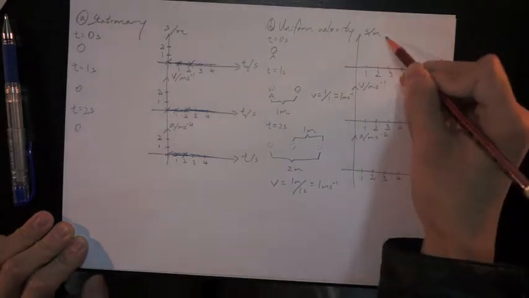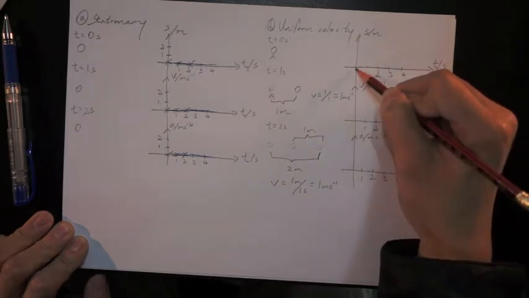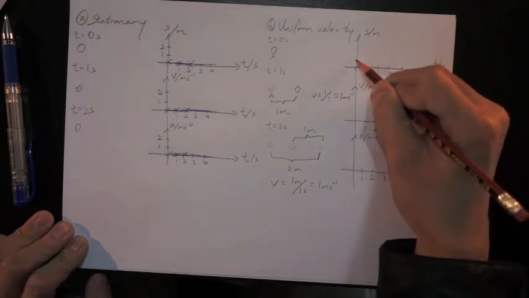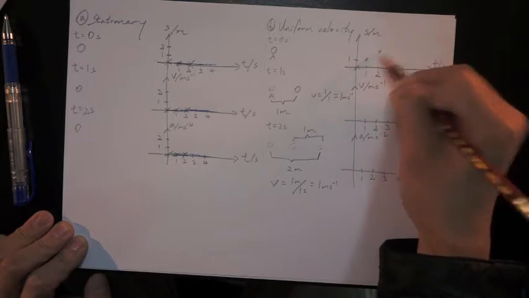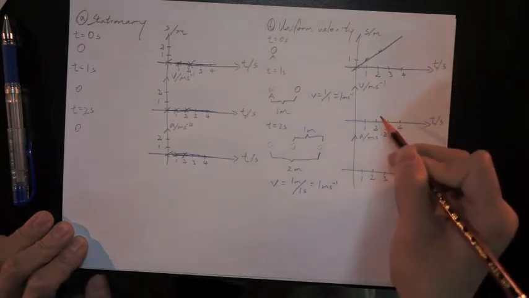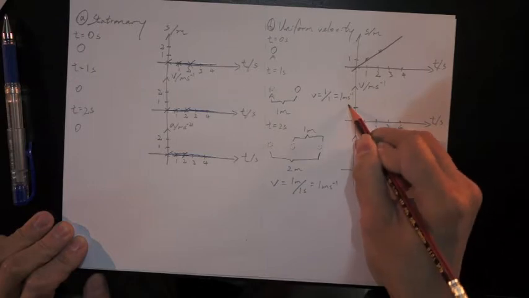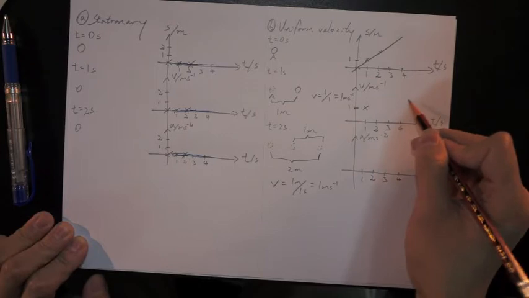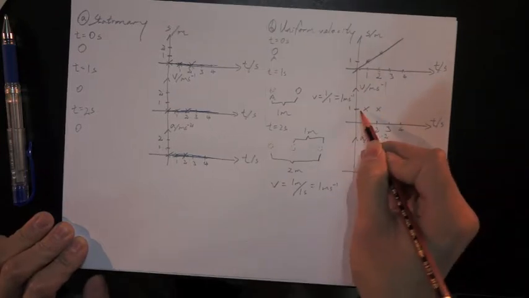So for the displacement, at 0 seconds it is at the origin, and then for the first second it displaces 1 meter, and hence we can draw a straight line here. For the velocity, the object at the first second is 1 meter per second, and for the second second is 1 meter per second too.